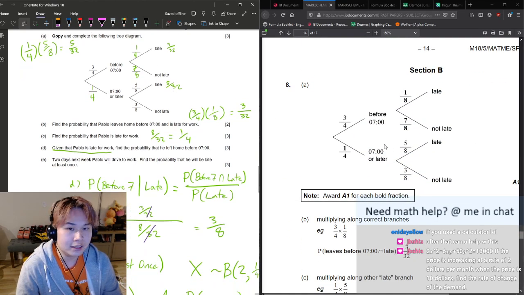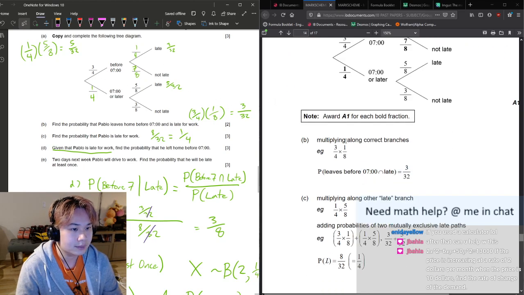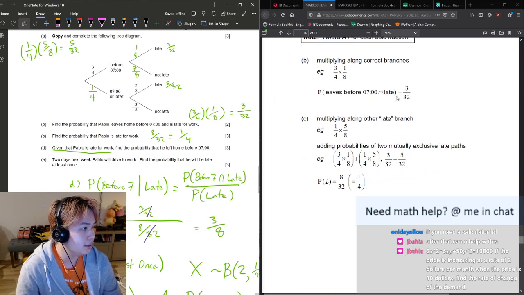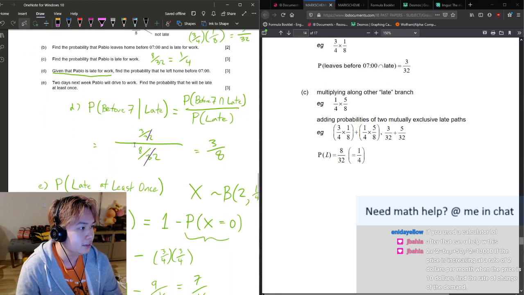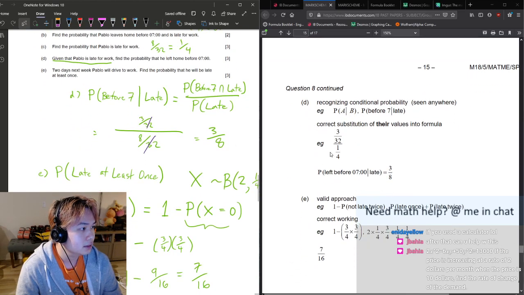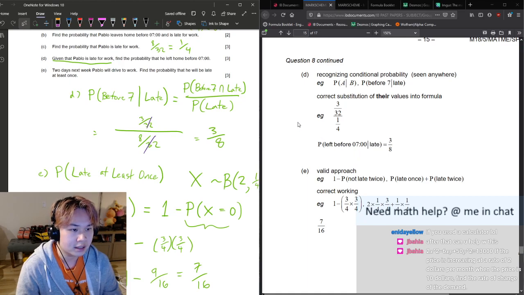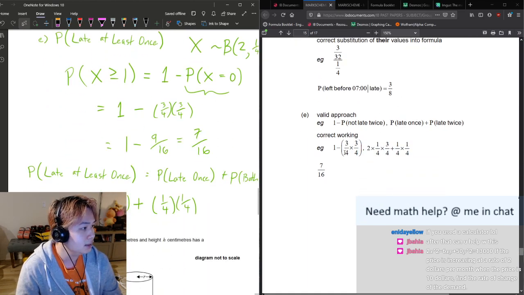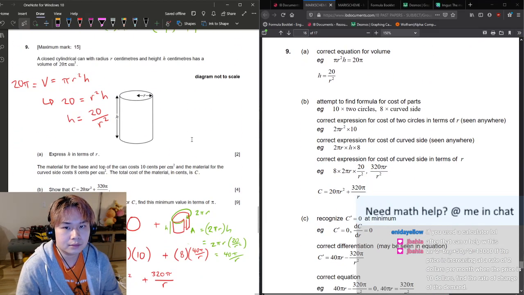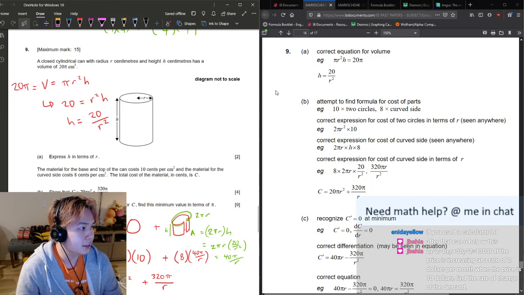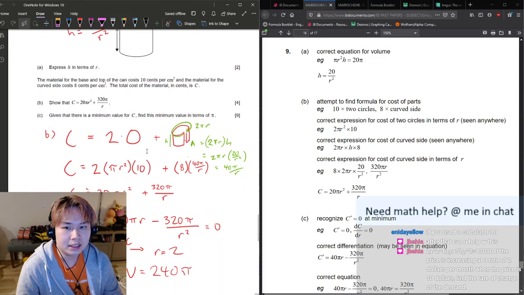Okay, continuing the tree, 1/8, 7/8, 1/4, so those are all fine. 3/32, 8/32, 3/8, 7/16, 20/r².